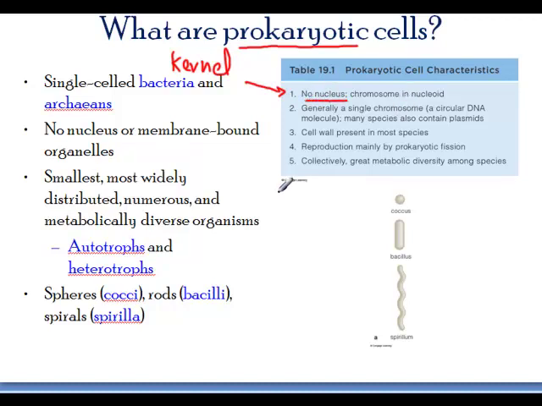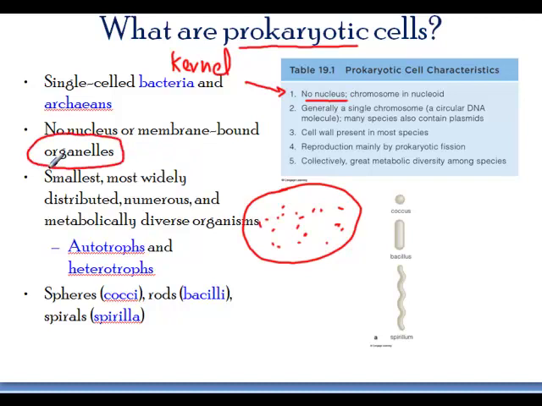So if you were to draw a prokaryotic cell, you would see a membrane outside, but you really would not see anything inside within the microscope. You would see small substances, but no true membrane-bound structure or organelle. So they do not have an organelle.